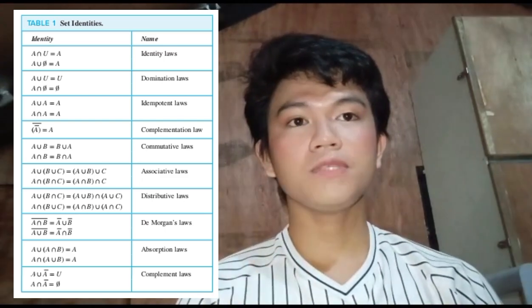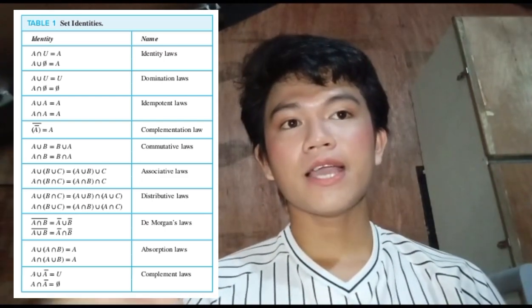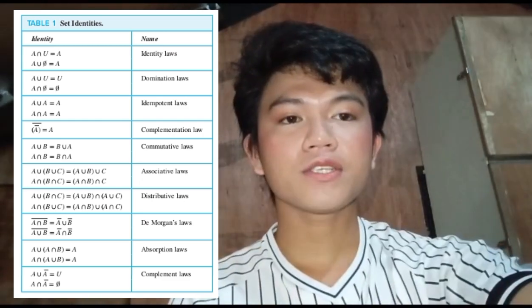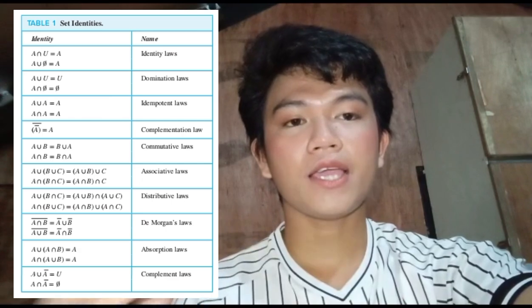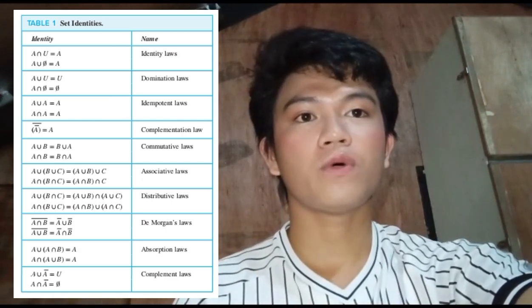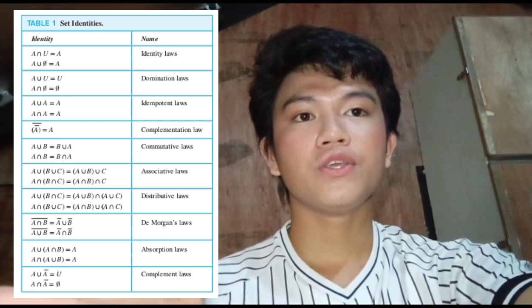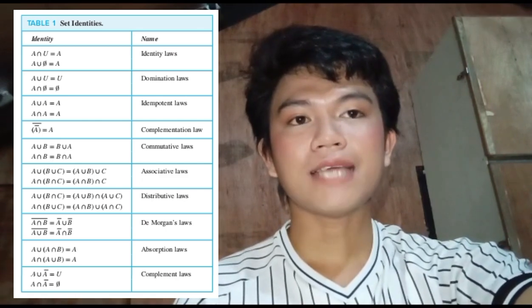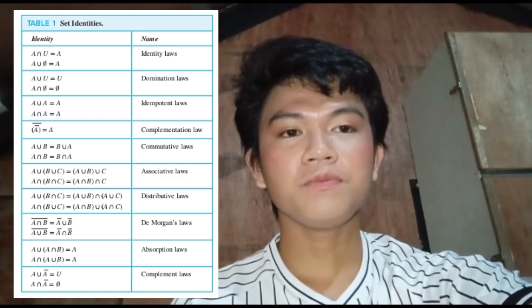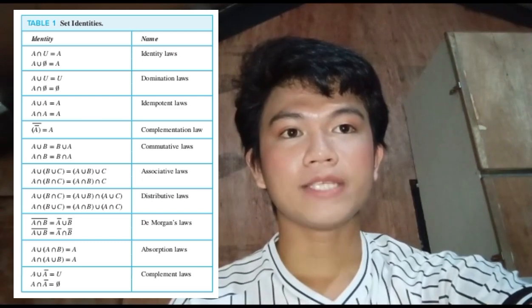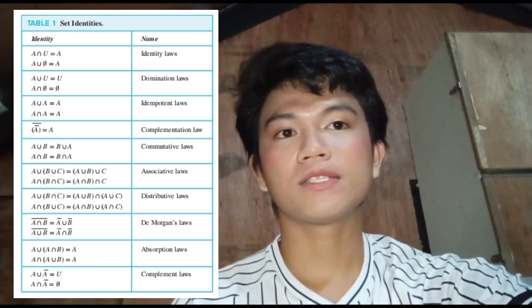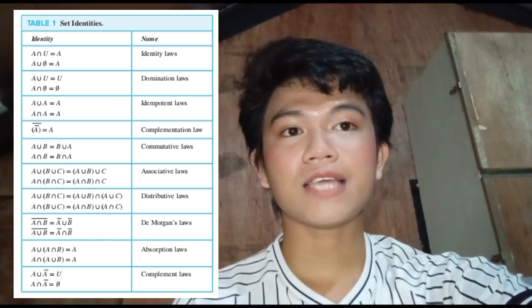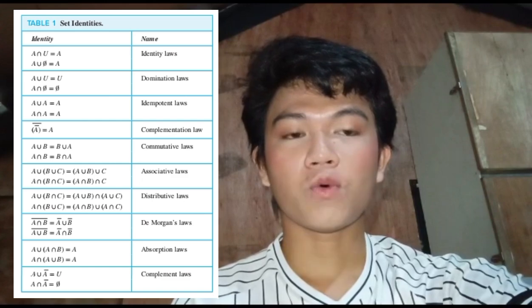Here's a table. As you can see, there are two columns entitled identity and its name. The first is the identity laws, which show that A intersect U equals A, and A union the empty set equals A. The second is the domination laws, where A union U equals U, and A intersect the empty set equals the empty set.